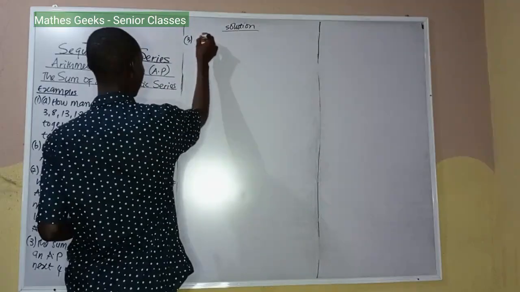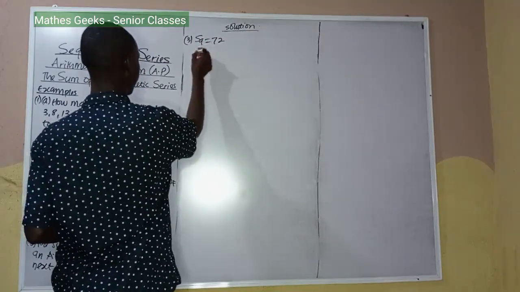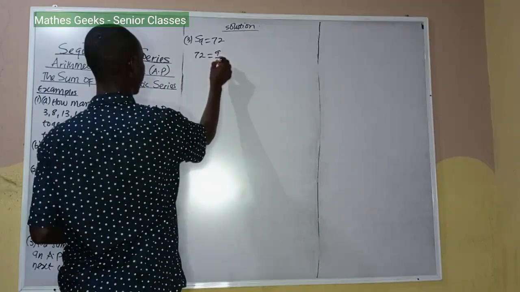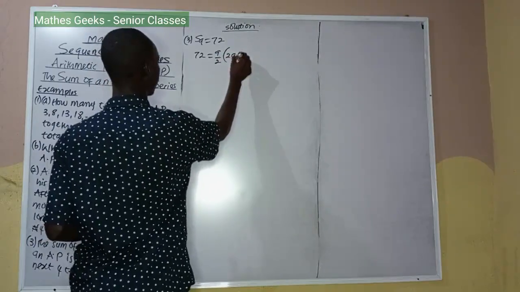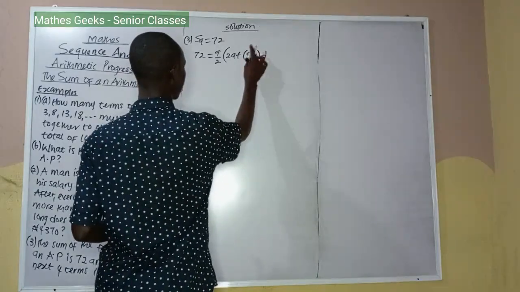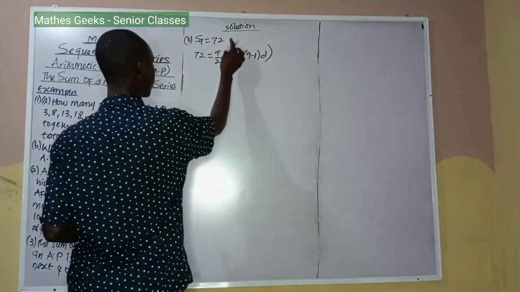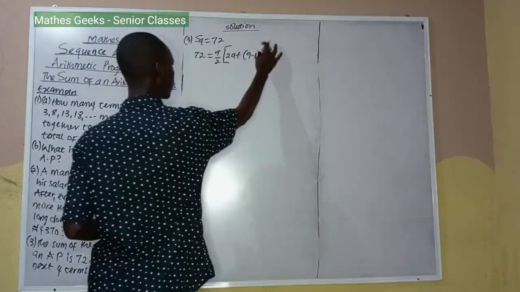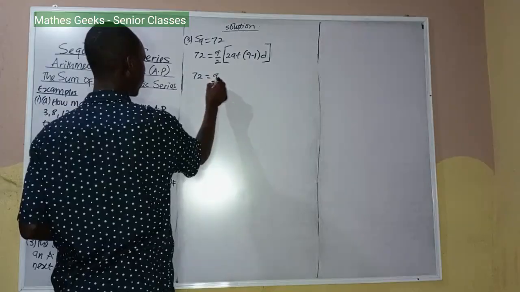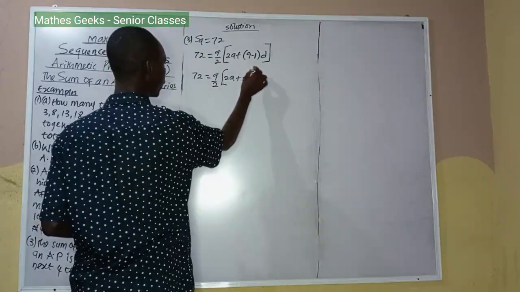So S9 is equal to 72, and S9 is equal to n over 2, 9 over 2, 2a plus n minus 1 d, 9 minus 1 d. So 72 is equal to 9 over 2, 2a plus 8d.